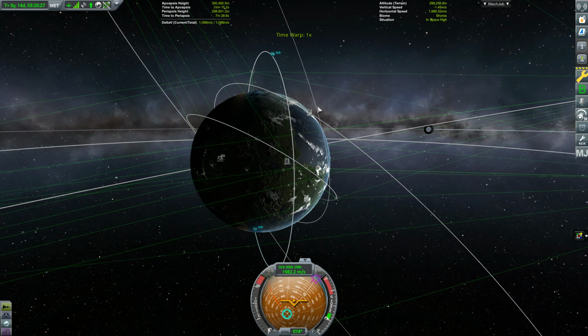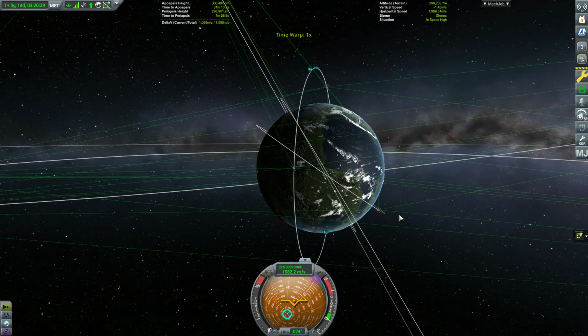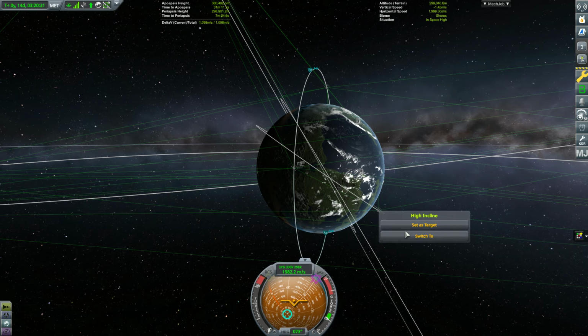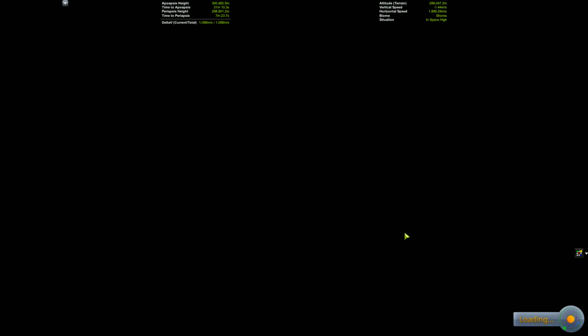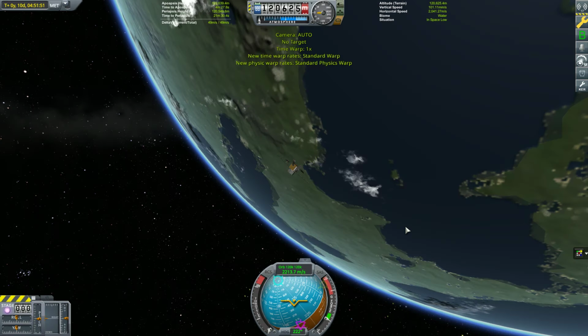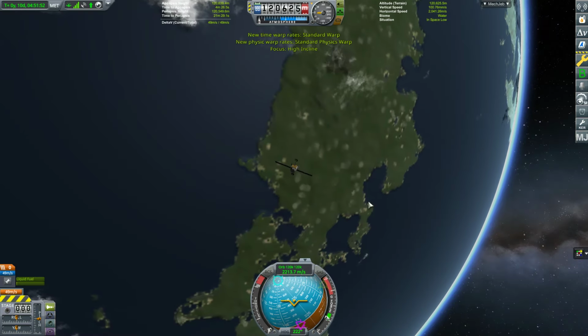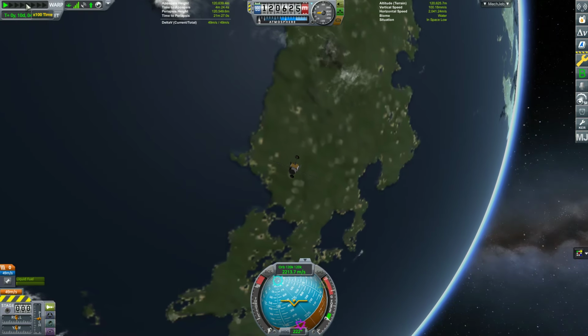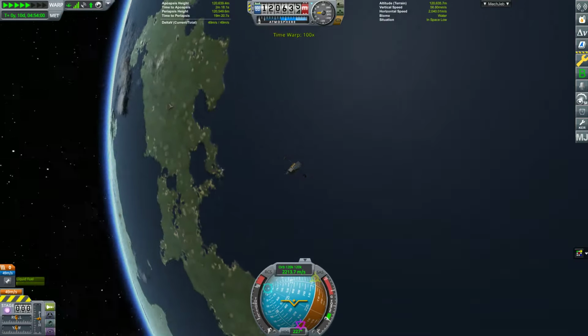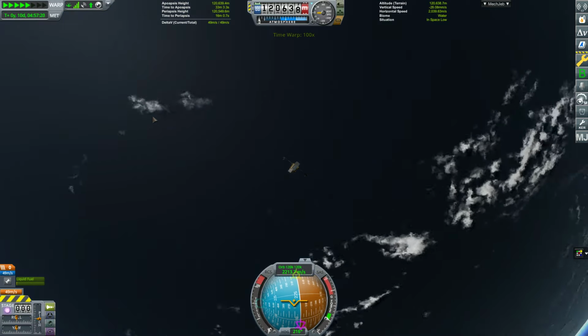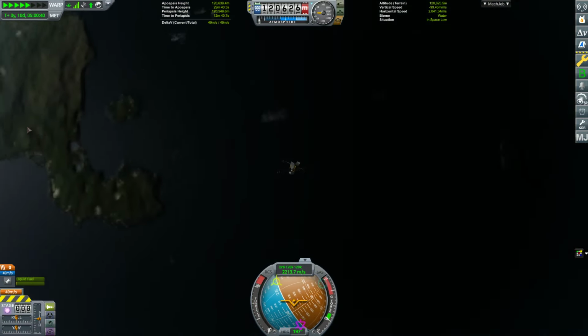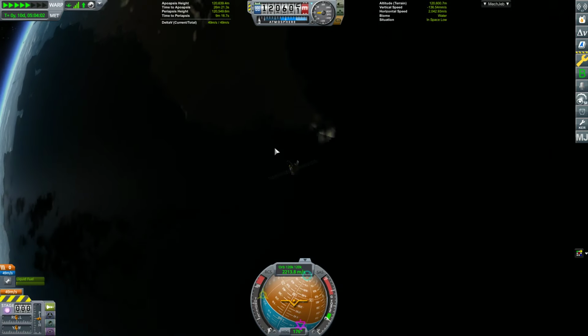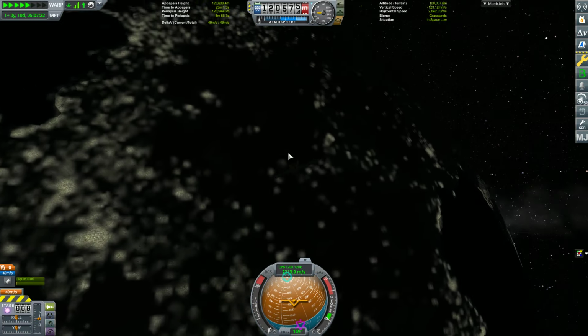Okay, so let's go to an inclined orbit. An inclined orbit is just what it sounds like. It's just at various inclinations, because it doesn't really matter. And so they likewise will see a very wide area of the planet as they go around. It doesn't have to be a circular orbit.